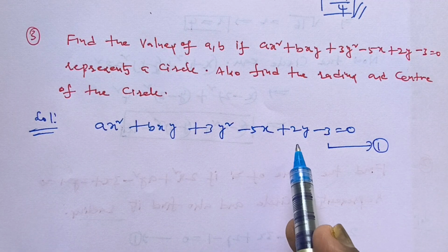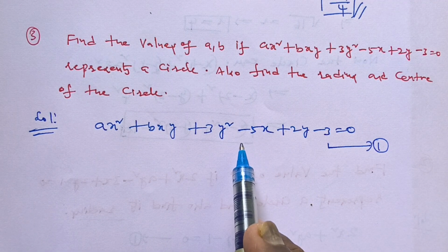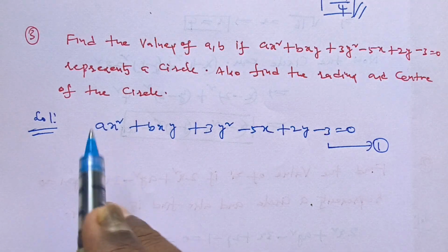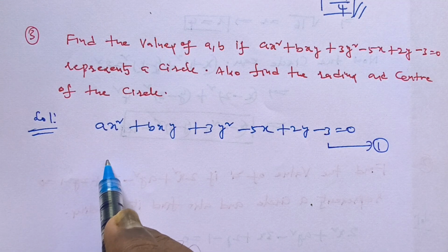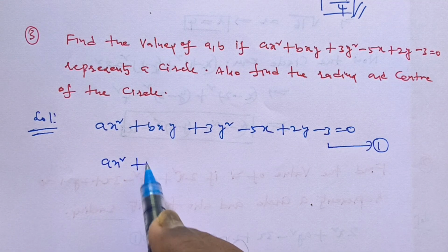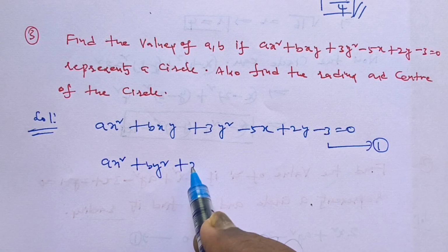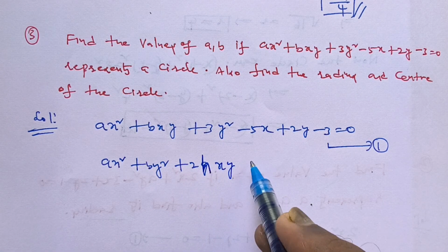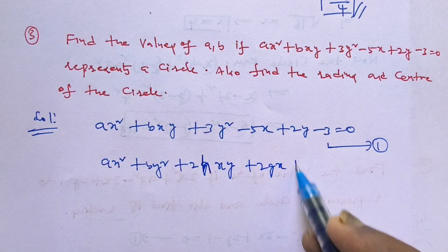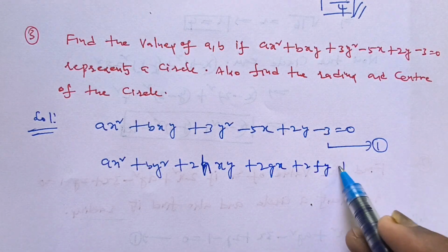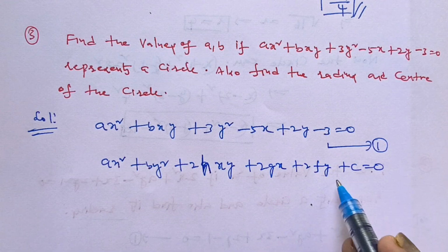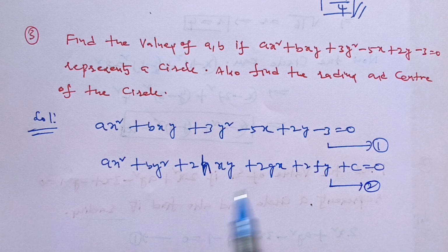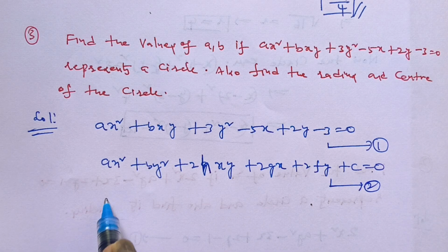So we should compare this given circle equation with the general form: ax square plus by square plus 2hxy plus 2gx plus 2fy plus c equals to 0. This represents a circle if, what are the conditions?